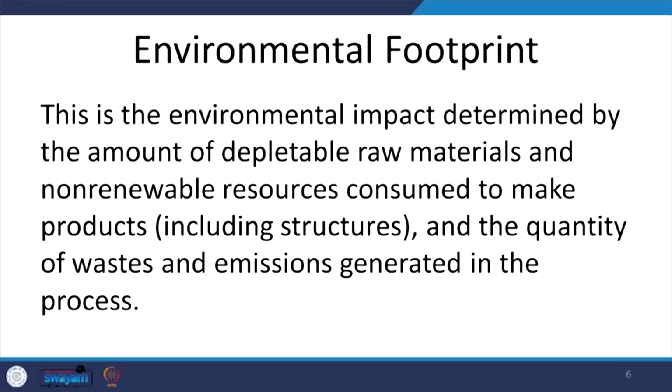Then the next terminology is environmental footprint. Environmental footprint talks about the impact determined by the amount of depletable raw materials and non-renewable resources consumed to make the products. Since we are talking about buildings, we will be talking about the resources consumed to make these buildings and the quantity of waste and emissions generated in the process.